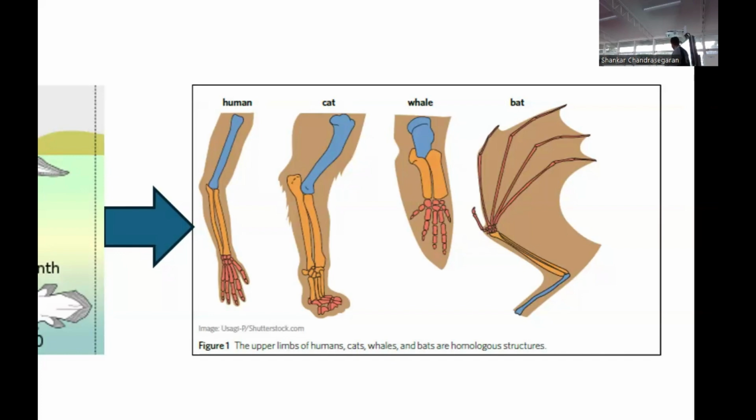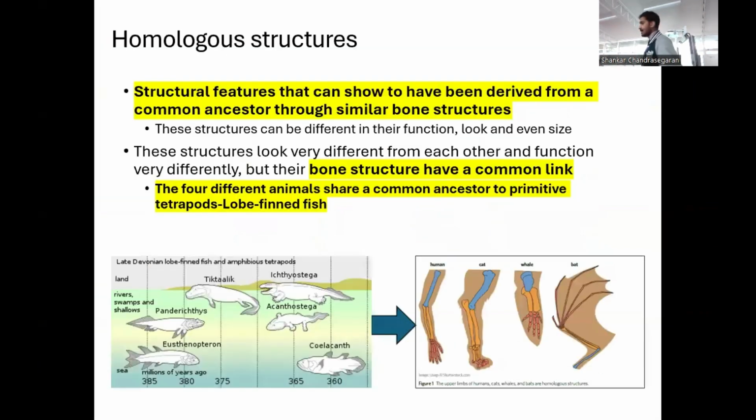Whales use it to basically propel themselves forward. Cats use it to stand on all fours, and we use it for many different purposes. It's basically multi-purpose for us. But when you look at it in terms of their bone structures, you can see that there are similarities between them. But in terms of their function, or even size, they are all very divergent from each other.